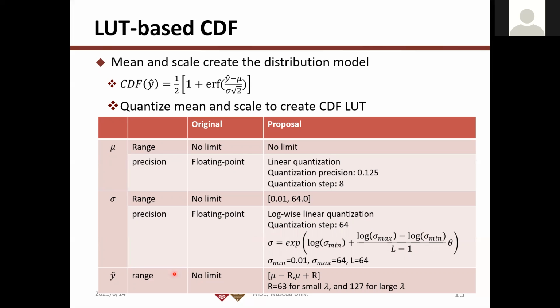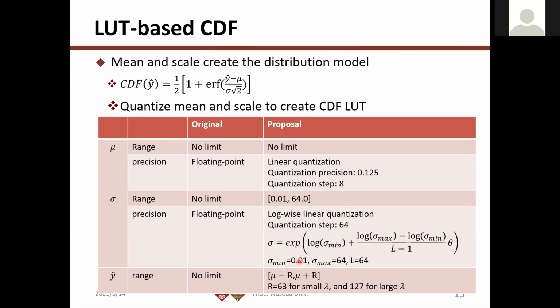Also for the Y hat, originally we have no limit for its range. But as you can see in the CDF, in this part, if Y hat minus mu is the same, we can share the same CDF for different mu.